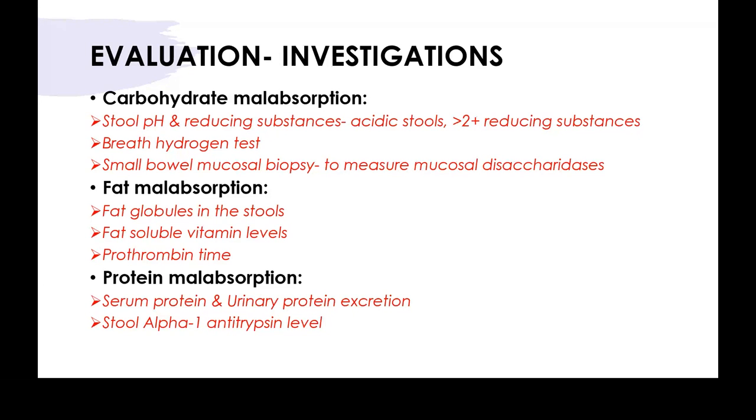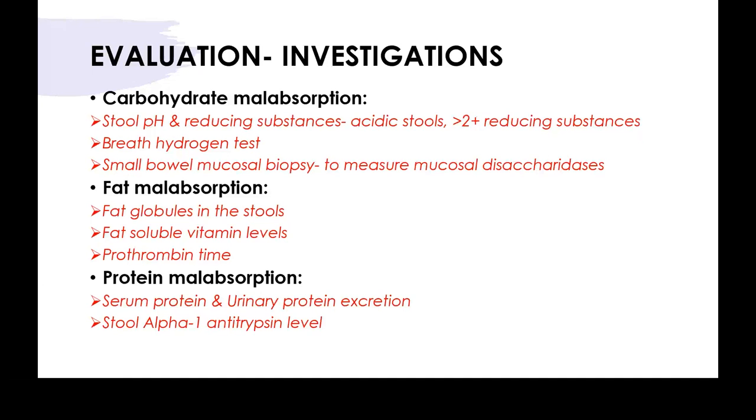Although you are dealing with a child with chronic diarrhea and suspecting protein malabsorption, in children, one of the commonest ways of losing protein is your kidneys. So without excluding urine protein excretion, you cannot go ahead. So you have to at least do a UFR or 24-hour urine protein excretion and exclude that there is no protein loss in the kidneys. Then only you have to evaluate further for protein malabsorption.